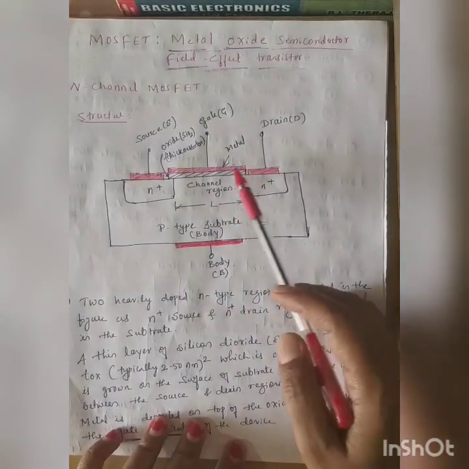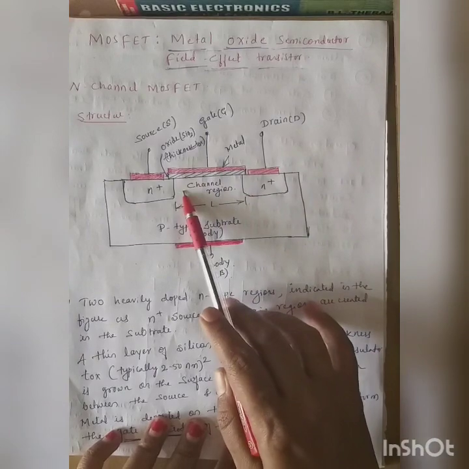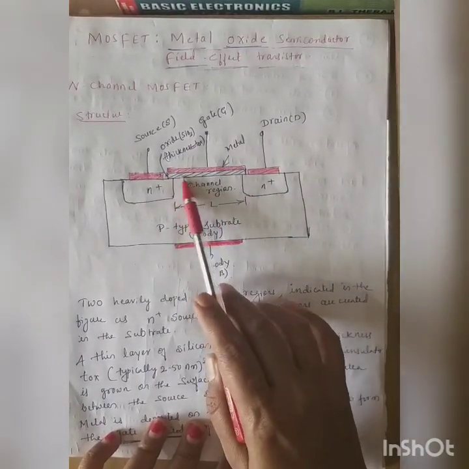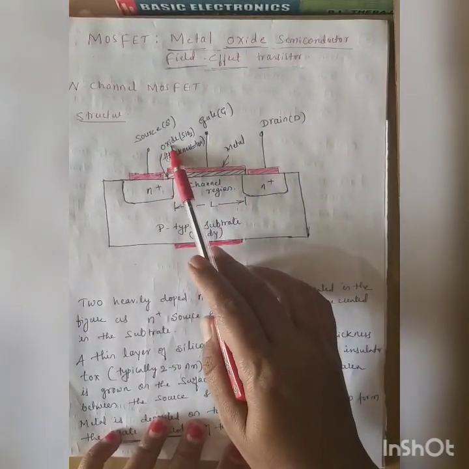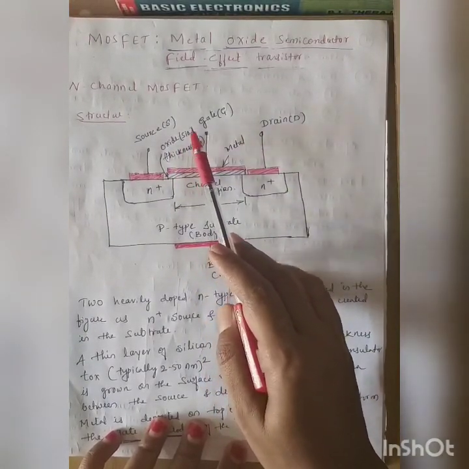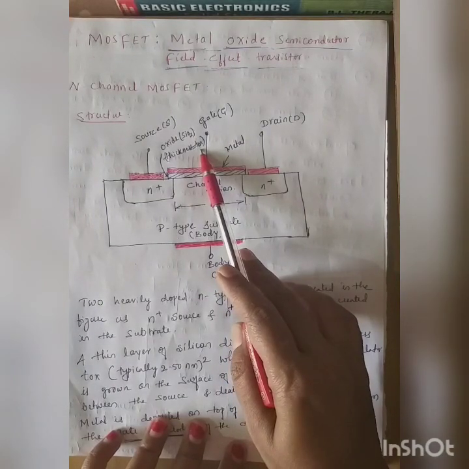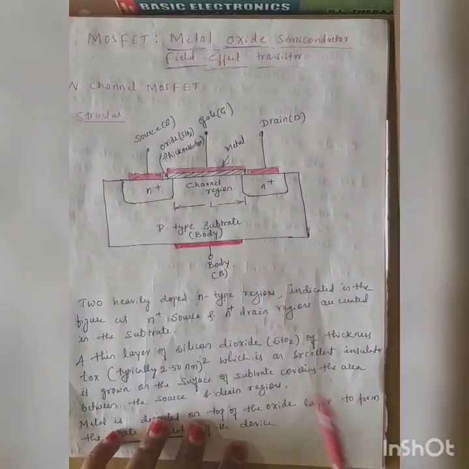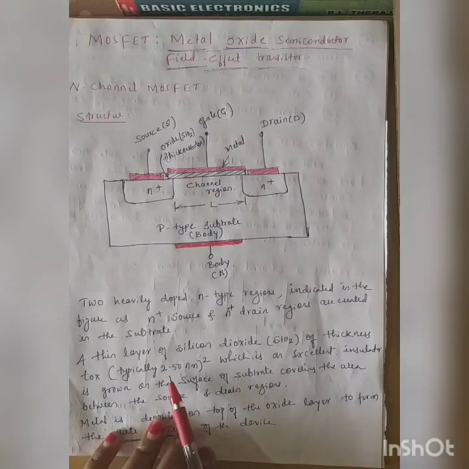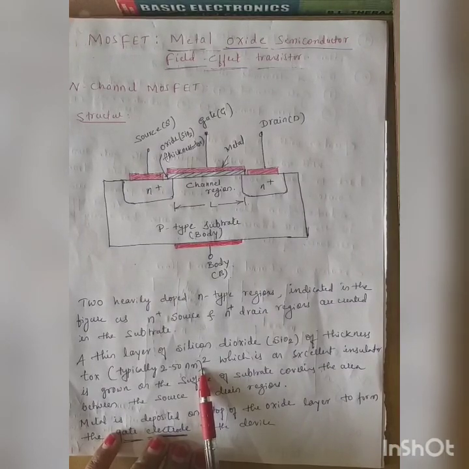Basically, in between this metal and this channel region, this portion is the oxide, that is silicon dioxide, which has a specific thickness of TOX, which is typically 2.50 nanometer. That is a very thin layer of silicon dioxide.